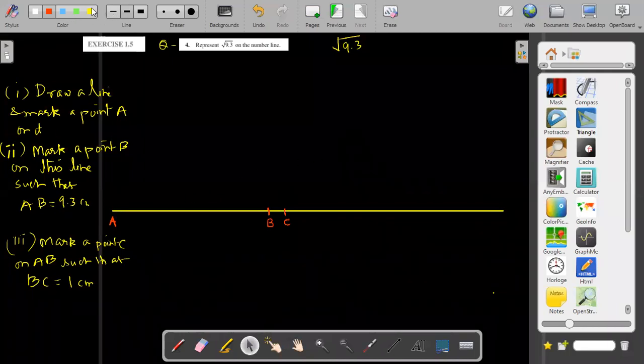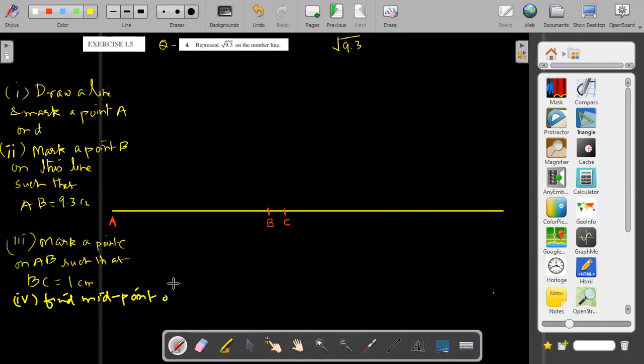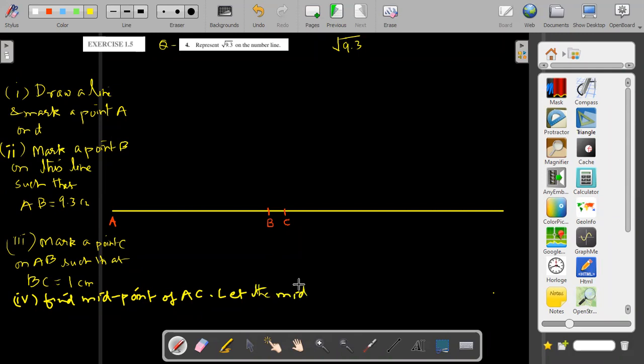The fourth step: find the midpoint of AC. Let the midpoint be O.